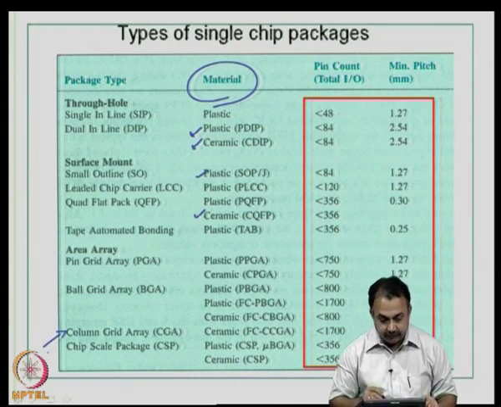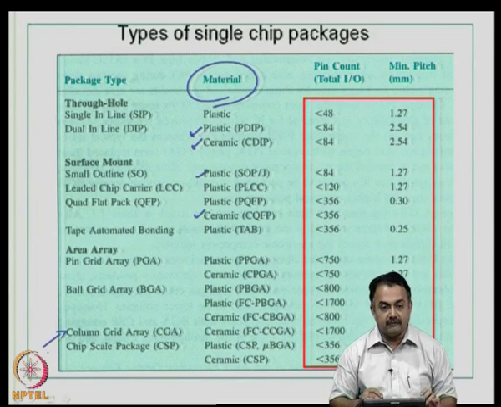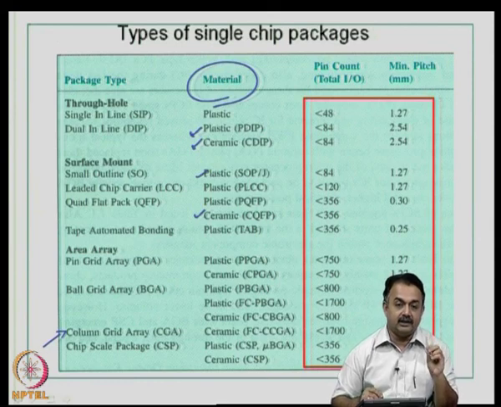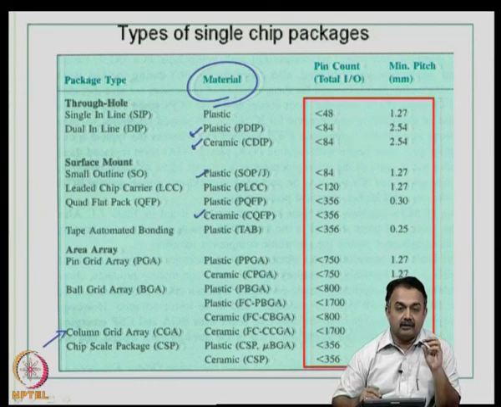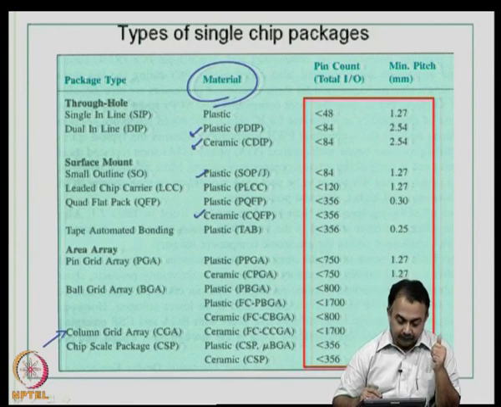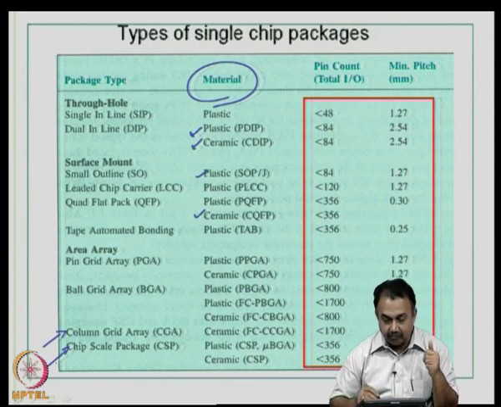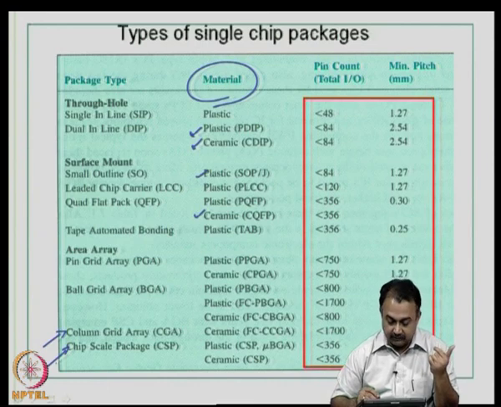This is a particular methodology or package format which has got limited circulation, or you do not see this in high volumes, typically used in boards which are high dense in terms of requiring thermomechanical reliability standards to be very high, like in military applications and so on. And then you have finally the chip size package, in which you can have plastic chip size package as well as ceramic chip size package.